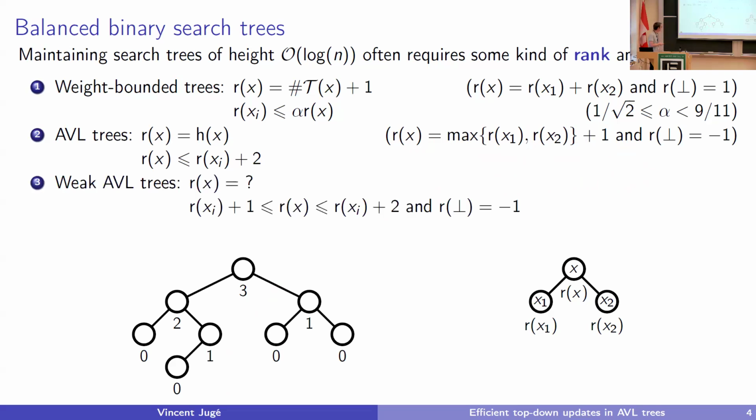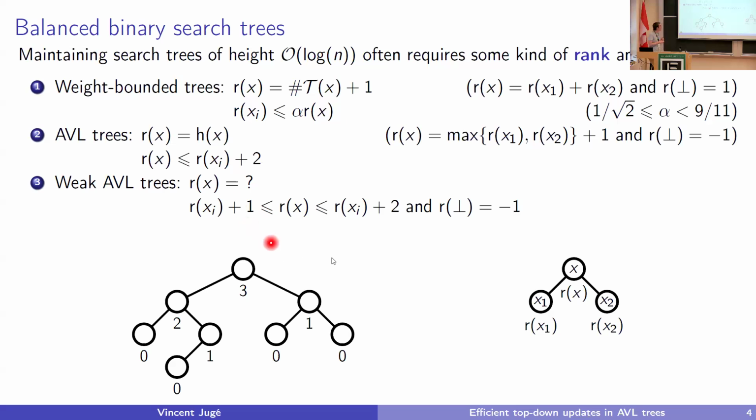A third family, which I did not know about until last summer, is weak AVL trees. They also have a bunch of other names, but I will stick to this one because it has AVL trees in it. And there is no intrinsic notion of what the rank of a node should be. So in particular, it's not uniquely defined by the shape of the tree.